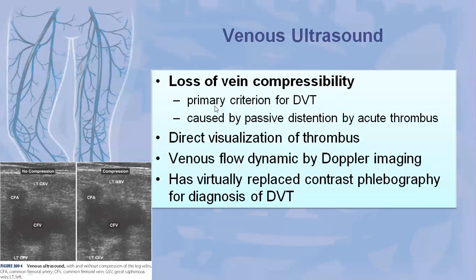Here you can directly visualize the thrombus and venous flow dynamics by Doppler imaging. It has virtually replaced contrast phlebography for diagnosis of DVT. So this one is your primary imaging of choice for DVT.